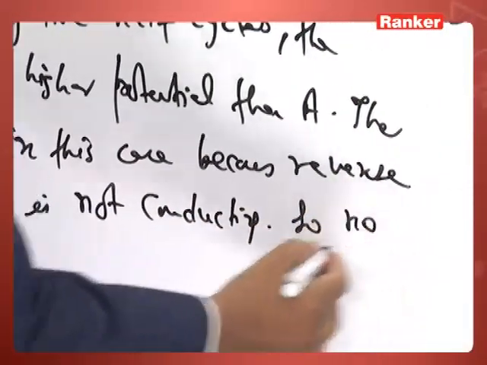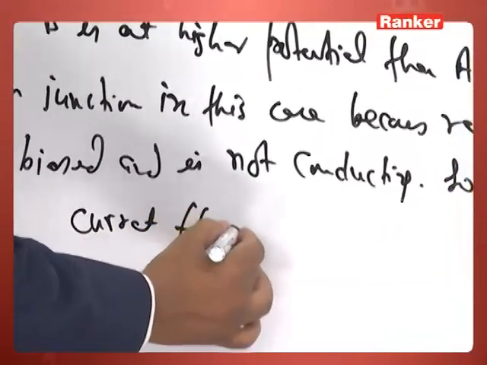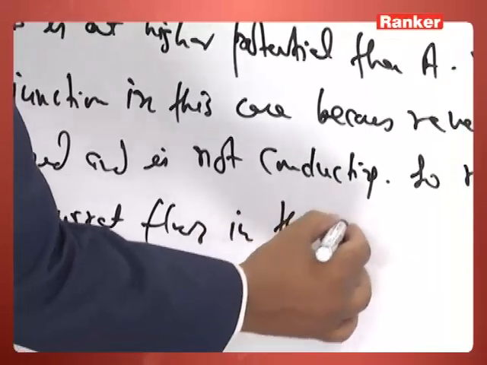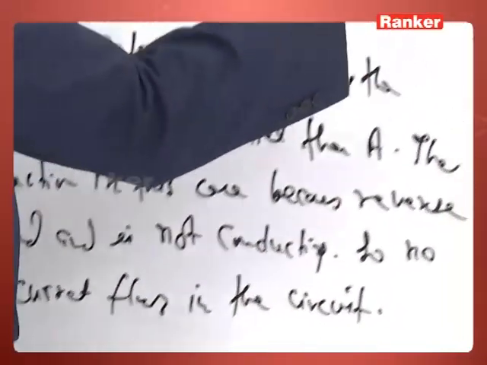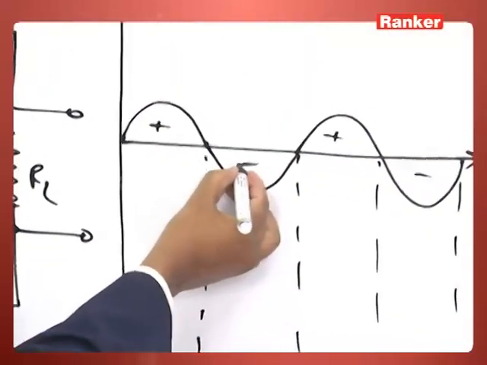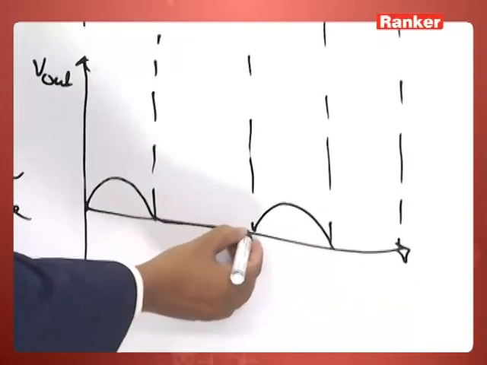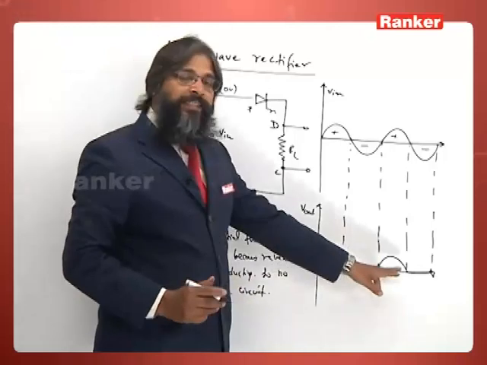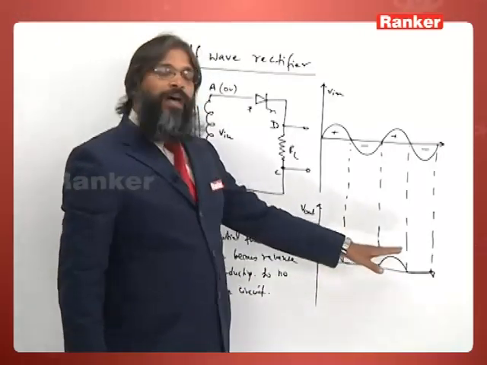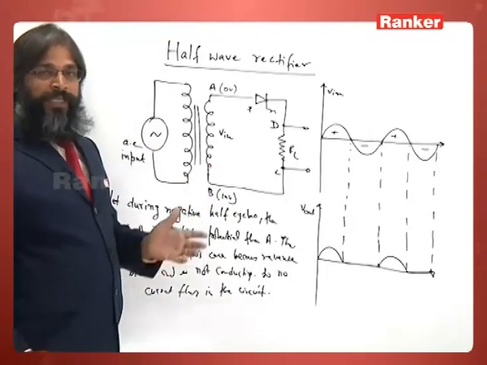So, no current flows in the circuit. Whenever there is a negative cycle, the current flowing is 0. So, current is conducted only in positive half cycles. That is why its name is half wave rectification.